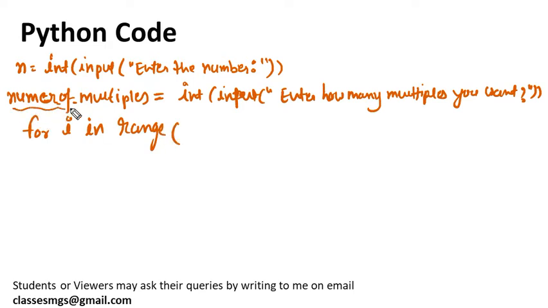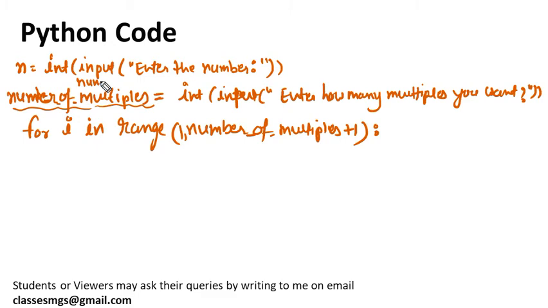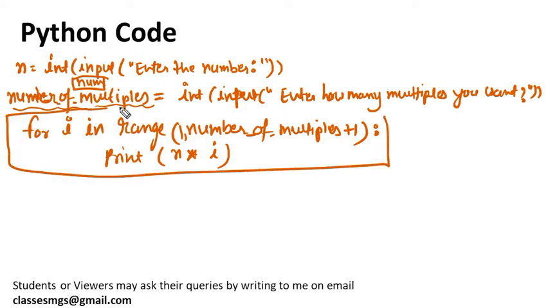I will pass starting from 1 comma number of multiples plus 1 you need to do. You can take a short variable also, num, if you are not comfortable with that much bigger name. So you will directly print num star i, and this will be using the for loop.